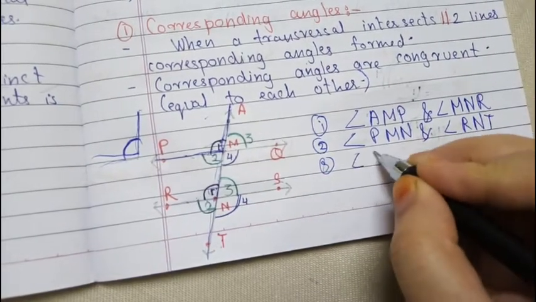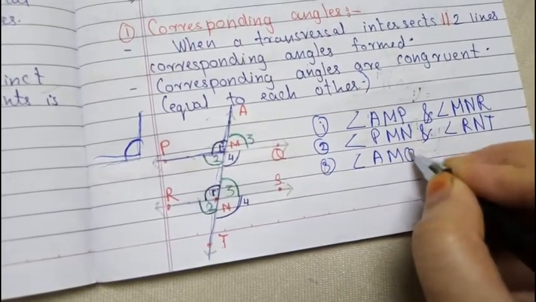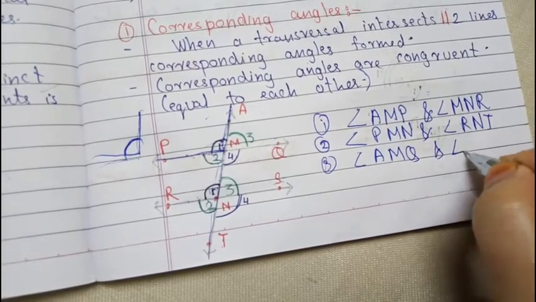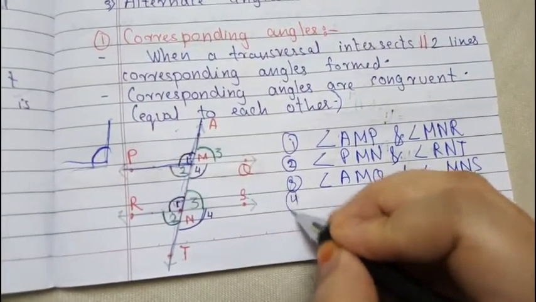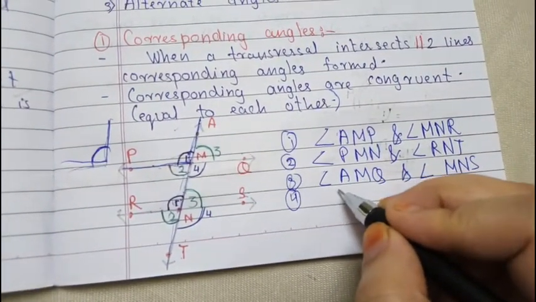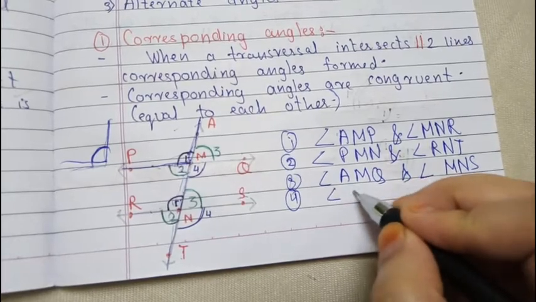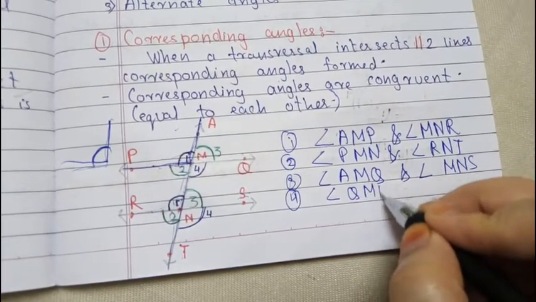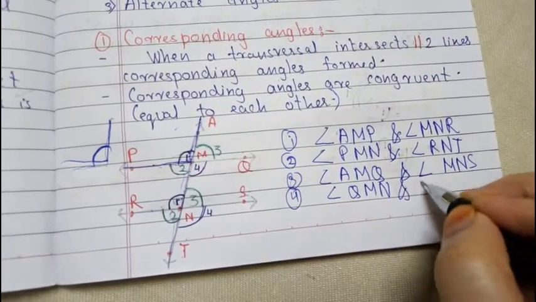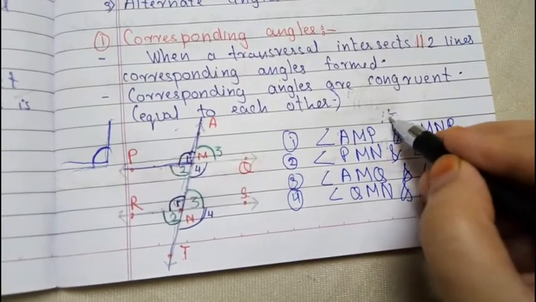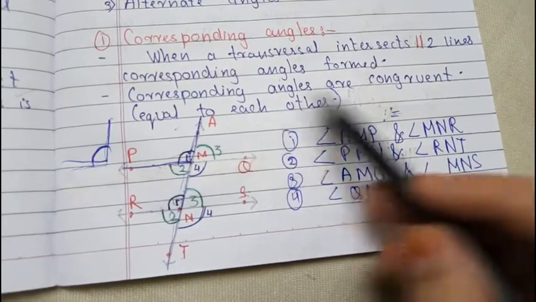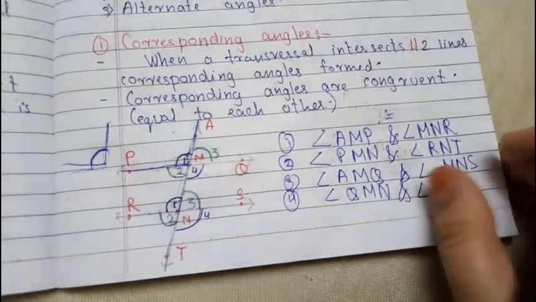The fourth pair will be on the lower side, angle QMN and angle SNT. Here you can also write the equal sign, because corresponding angles are always congruent or equal to each other.